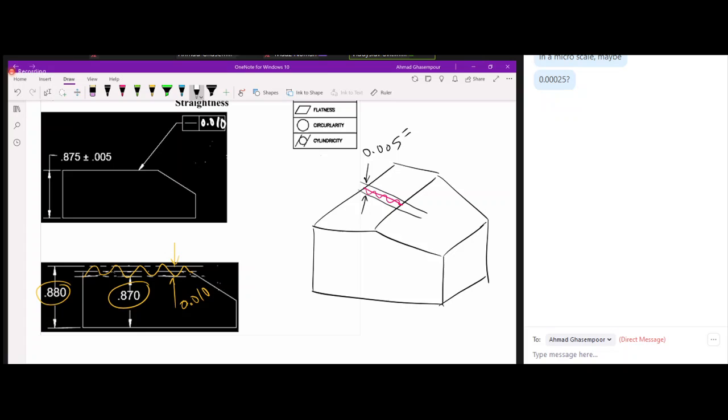I don't think so. Yeah, it doesn't make sense, right? Can you give us your reason why not? It's redundant. It's redundant, right? Exactly. Because the tolerance of size already does that for you, right? So you don't need the straightness tolerance. So for this straightness tolerance to make any sense, you have to make it tighter than what is there already.